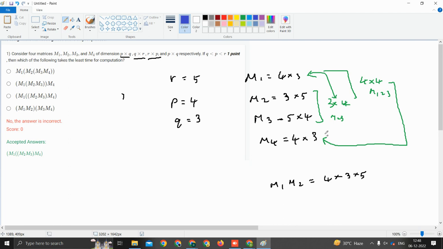Now if we multiply it by M4 on the right side, then we get a 4 cross 3 matrix. Yes, because the 4 and 4 will be gone, leaving 4 cross 3. Okay.